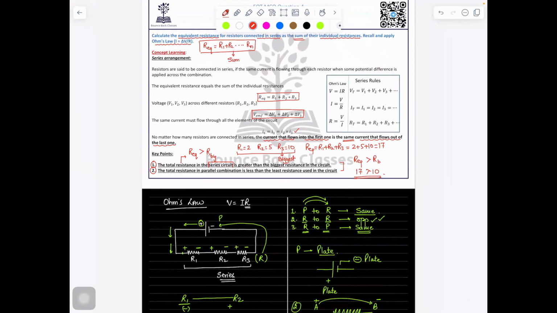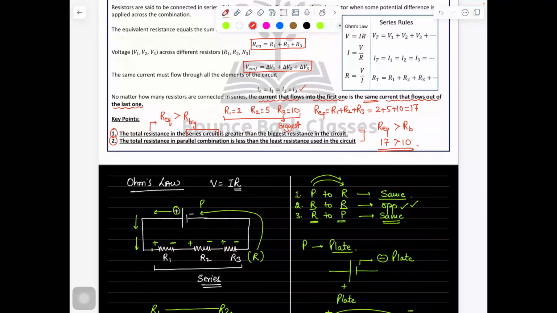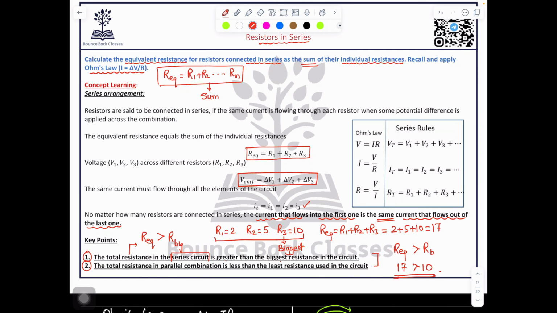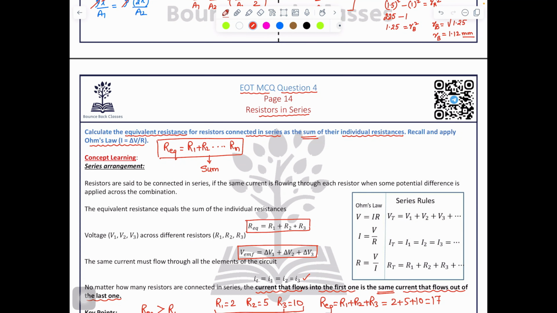Okay. So on the basis of all this information, what we gather now, the major points are, number one, see the highlighted points. The one we should know: R equivalent is equals to R1 plus R2 up to Rn. Clear? This is the first point. Second, R equivalent should be greater than the R biggest one.